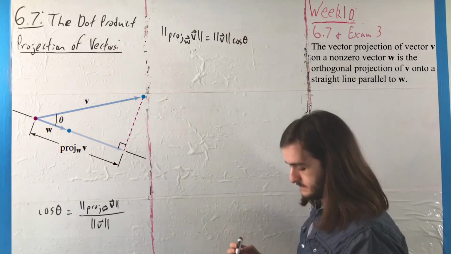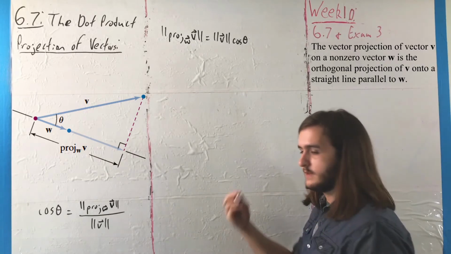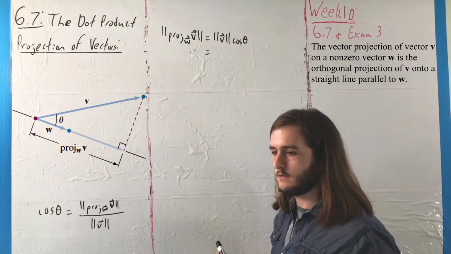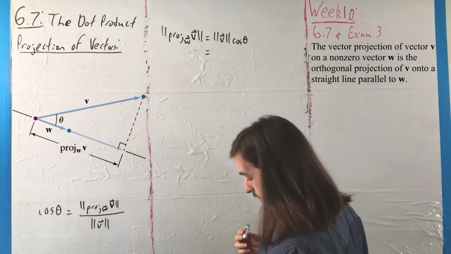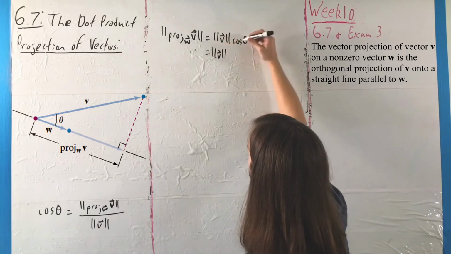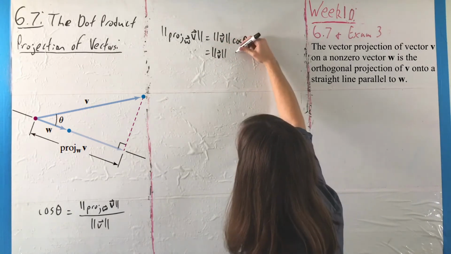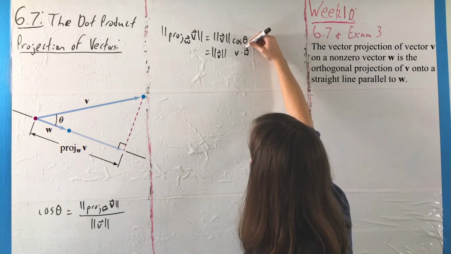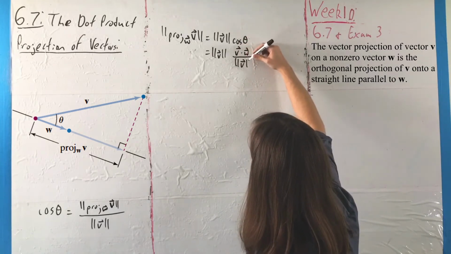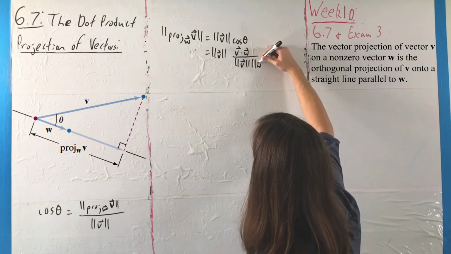And from there, we have that cosine of that angle theta can be described in terms of the dot product like we did before. That is, we will have the magnitude of V times the dot product of V and W divided by the magnitude of V times the magnitude of W.